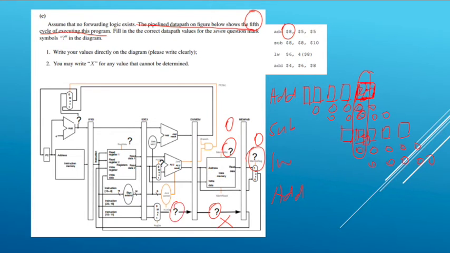So for the same reason, we will have X for this question mark, because we do not care about the register values. And for this question mark, it's basically a mux deciding which value we will use for ALU computation. But we have star over here, so we are not doing ALU computation, so we do not care which value we're using, so we will put X over here. And for this question mark, it's reg write.